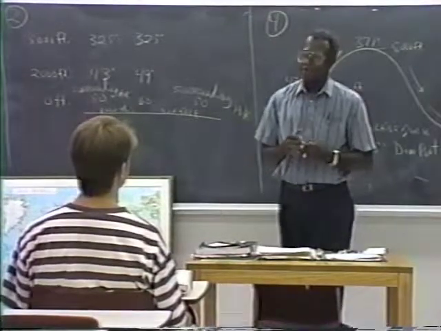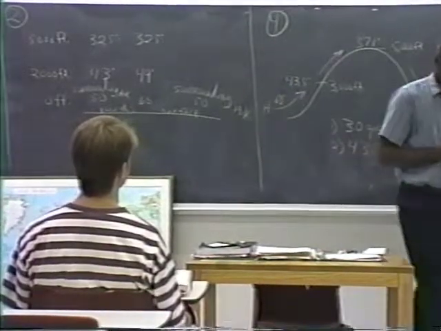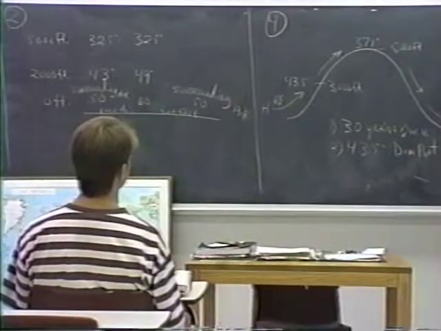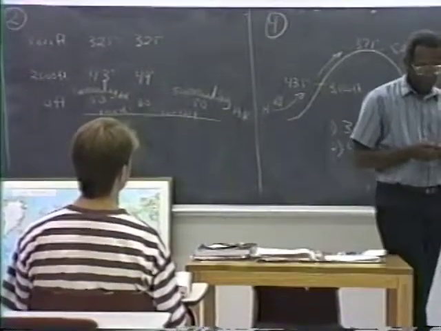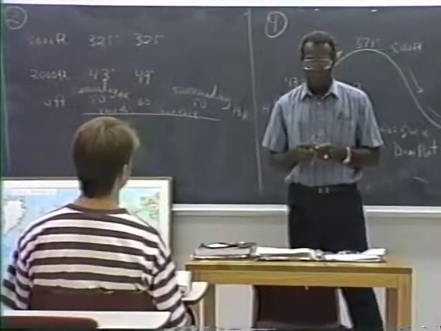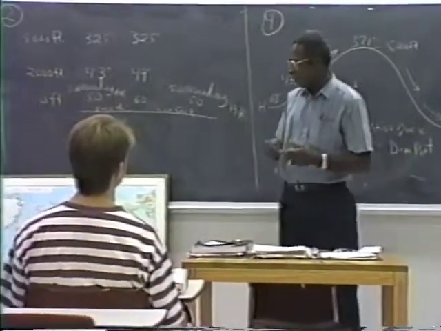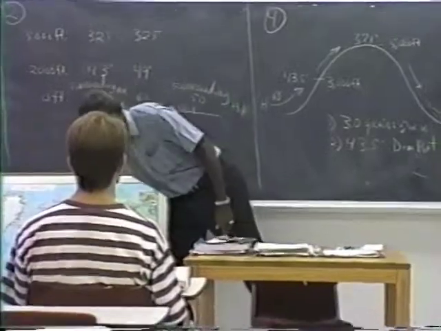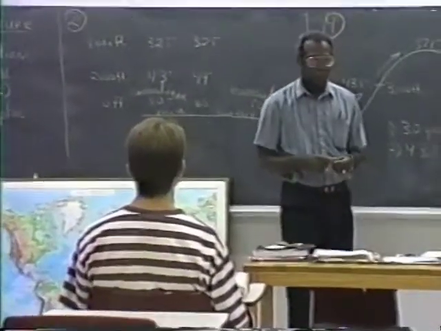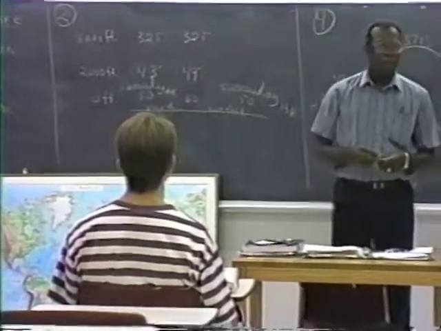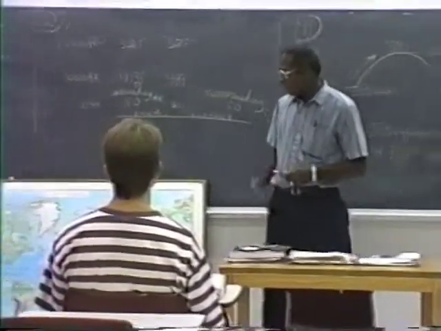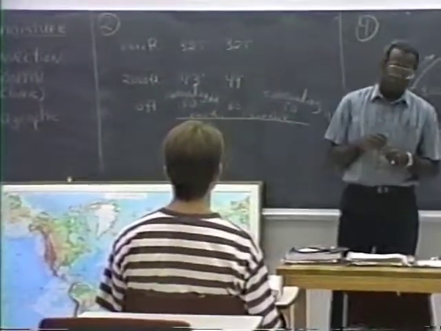And we found out that at the equator, the air cools off as it rises, and eventually it reaches the dew point, and as a result, we get a lot of rainfall at the equator. As a matter of fact, along the equator, you have some of the wettest weather in the world because of convergence and low pressure, and also the abundance of moisture in these very low latitudes.